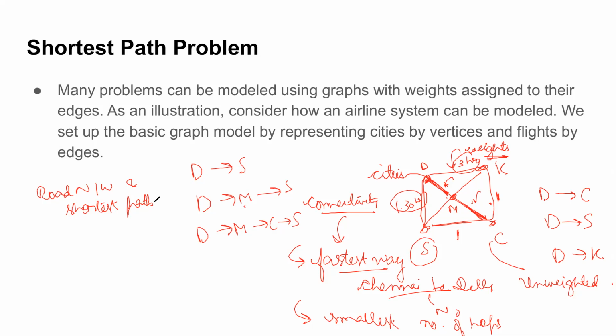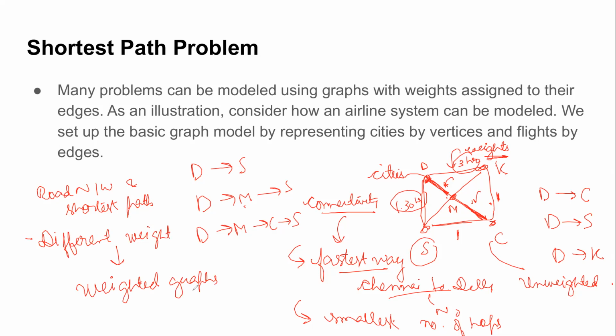Weighted graph, right? Because you cannot give the same weight to all the edges. So any scenario which requires giving different weights to the edges, such graphs are known as weighted graphs. Is it clear where weighted graphs are used and where unweighted are used?